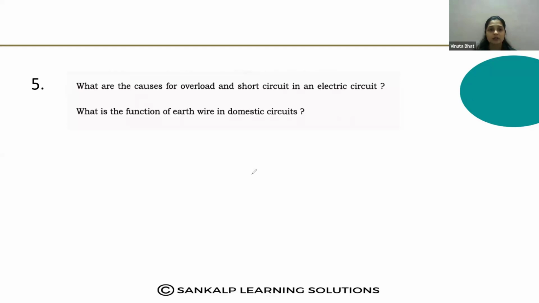When the voltage supply is high, that is also a reason for overload. And a short circuit in the electric circuit happens when the live wire and the earth wire are connected, when the insulation is removed and they come in contact. There is a chance of short circuit.